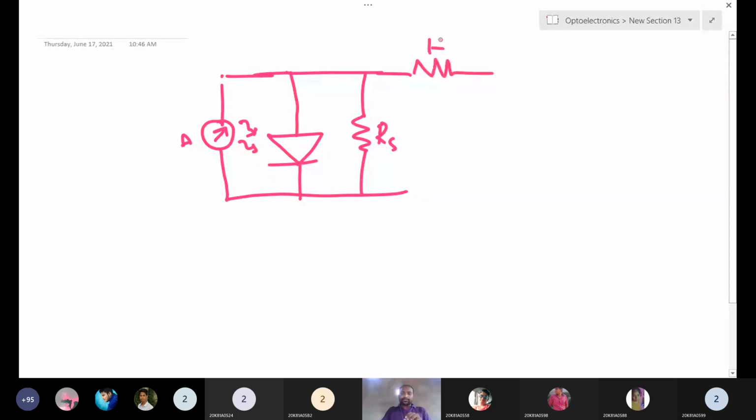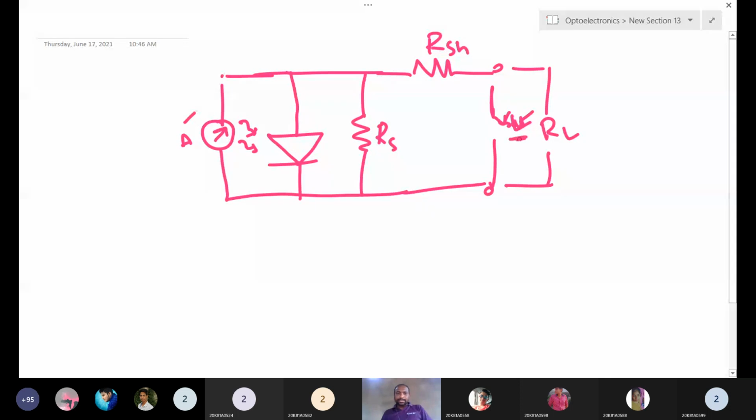Using this, once you shine light here, we can measure how much current is generated from the solar cell, and how much voltage is dropping across the solar cell. From there we can estimate how much efficiency we are getting, how much sunlight is converting into electricity. Here the series resistance and shunt resistance are not actually connected components.